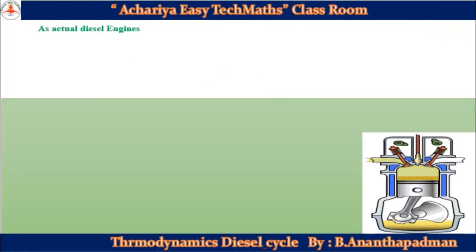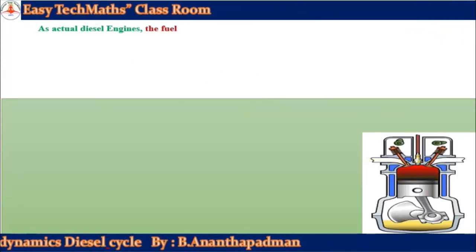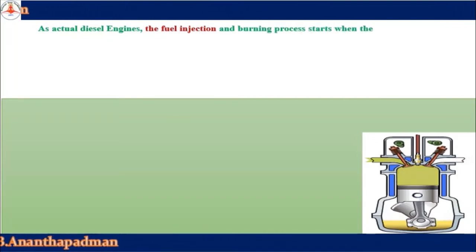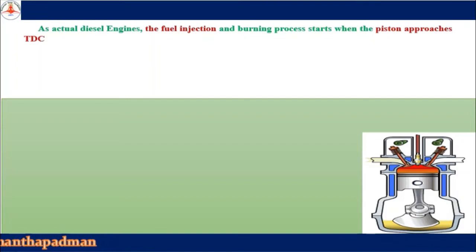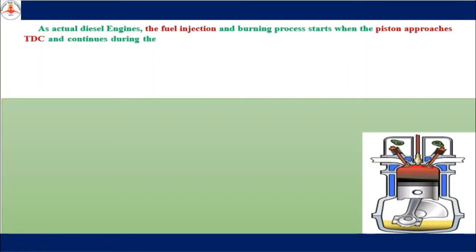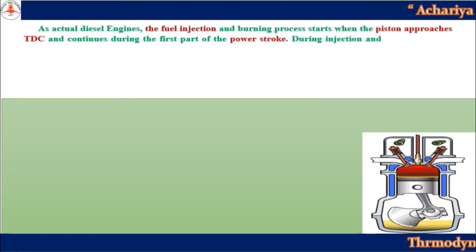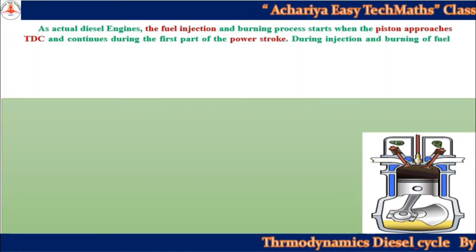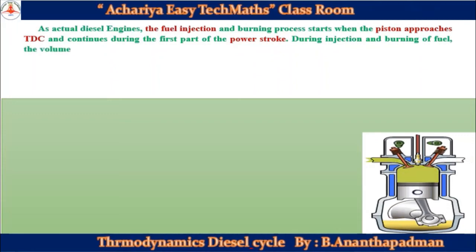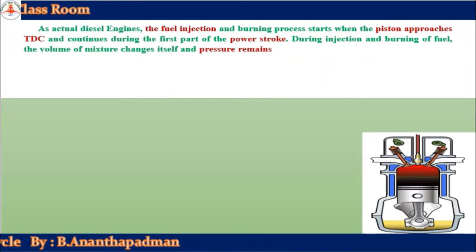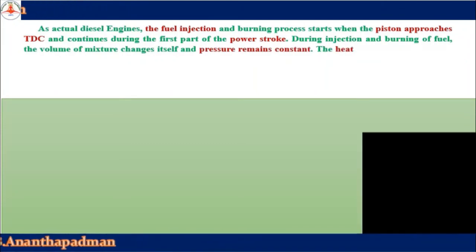In an actual diesel engine, the fuel injection and burning process starts when the piston approaches TDC and continues during the first part of the power stroke. During injection and burning of fuel, the volume of the mixture changes and pressure remains constant.